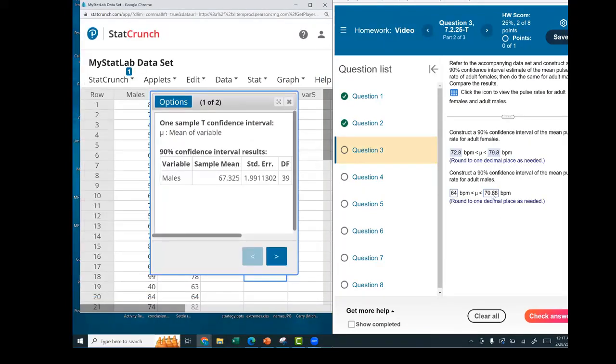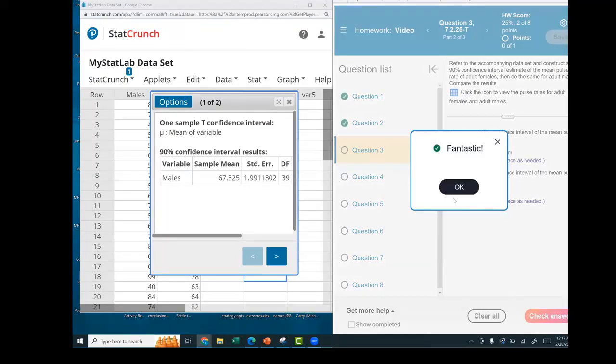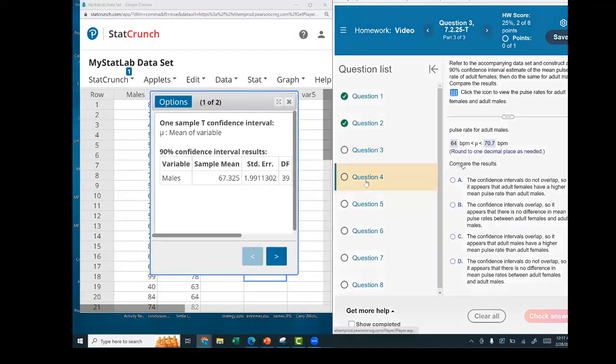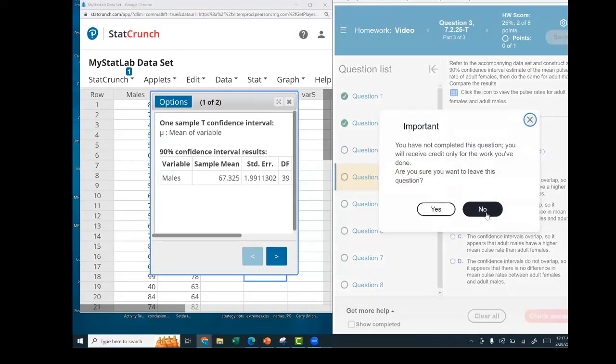Oh, I didn't round this to 1 decimal place. 7. There we go. And I think that we're going to wait on 4. Oh, wait, sorry. I still have another question.